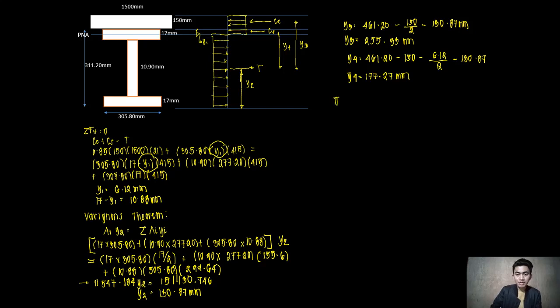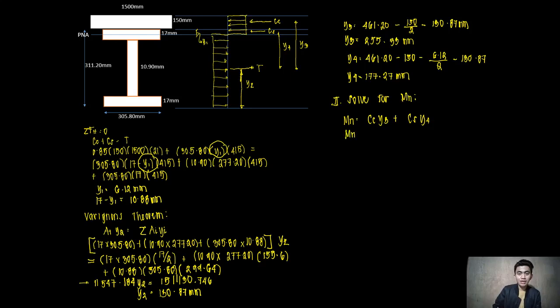So for step number 2, solve for M sub n. If I take moments at T, the location of our tensile force, I will have C sub C multiplied by y sub 3 plus C sub S multiplied by y sub 4.